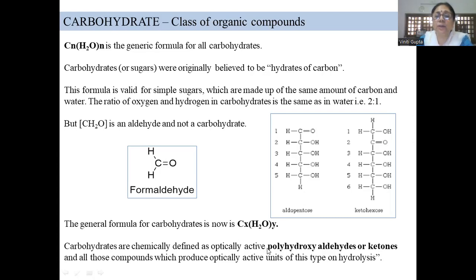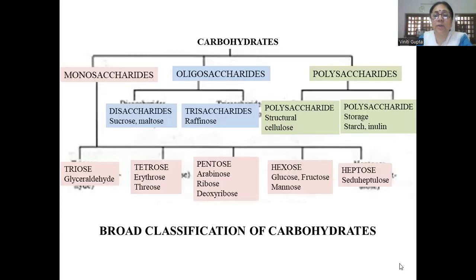So these molecules are called optically active molecules. This is also a part of stereoisomerism or optical isomerism. So carbohydrates are stereoisomers, optically active compounds, which are polyhydroxyaldehydes or ketones, and they are all those compounds which produce certain compounds on hydrolysis.